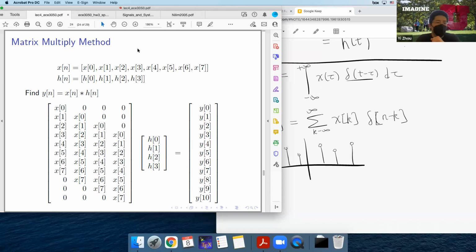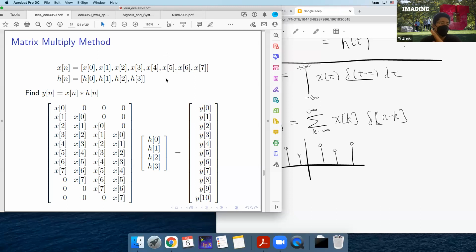And we can look at this. So we have this xn and hn. And xn takes non-zero values between 0 and 7. So we have x0 and x up to x7. And for the h, this signal only has non-zero values between 0 and 3.